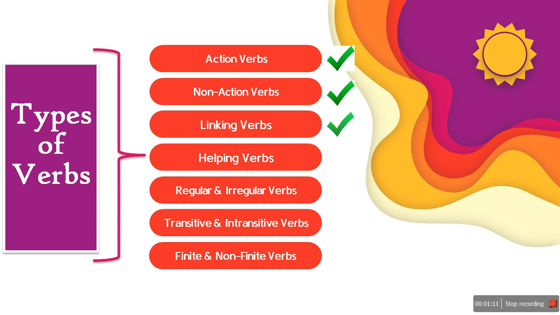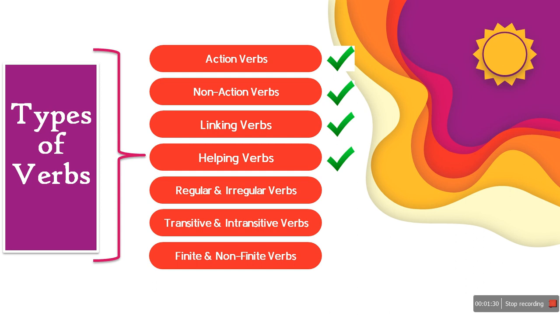We also finished linking verbs, and we also finished helping verbs. These four types of verbs are already covered in the part 1 video. You can open and watch that, and in this video we are going to see the remaining types of verbs.